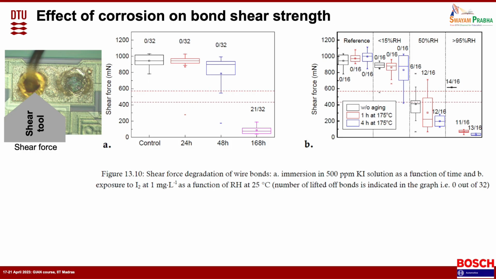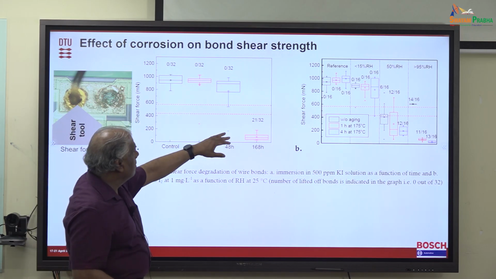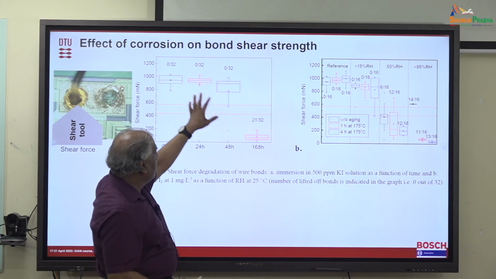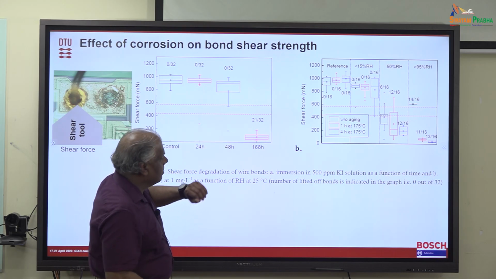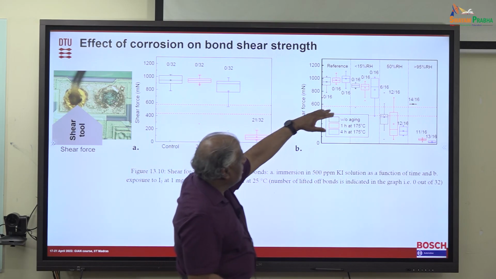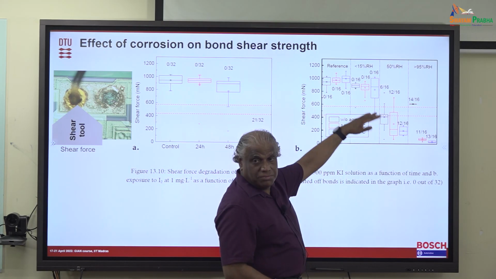Think of it like this: you have a shear tool and see how much force is needed to remove it. We do the heat treatment at different levels to create these intermetallics, and then you can see that with different humidity levels, the shear force is coming down.